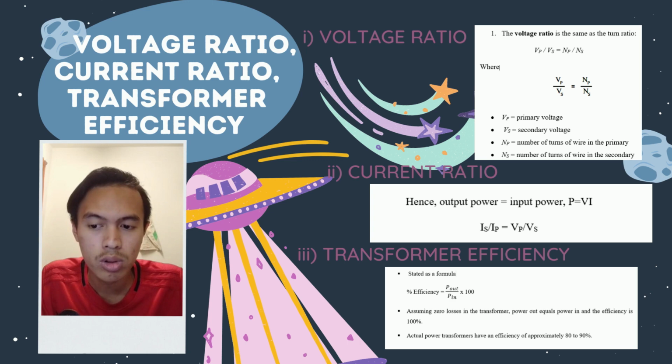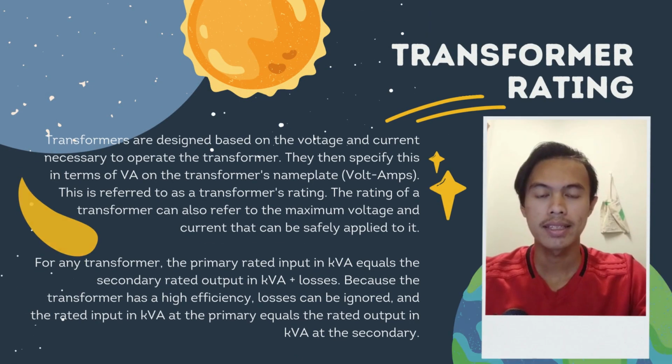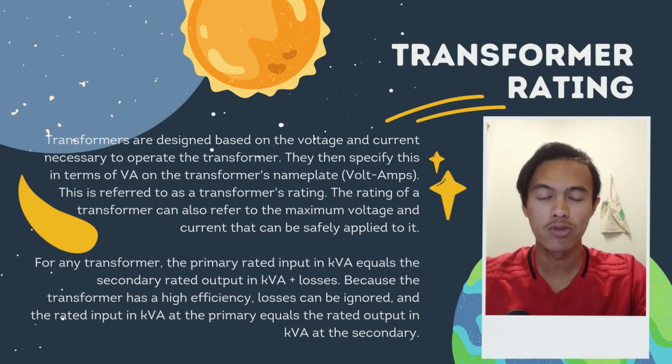Assuming zero loss in the transformer, power out equals power in, and the efficiency is 100%. Lastly, actual power transformers have an efficiency of approximately 98 to 99%. Next, I will explain about the transformer rating. Transformers are designed based on the voltage and current necessary to operate the transformer.